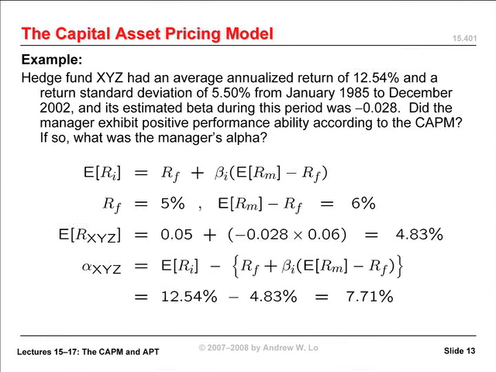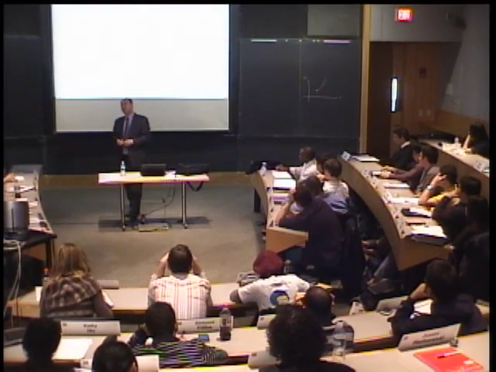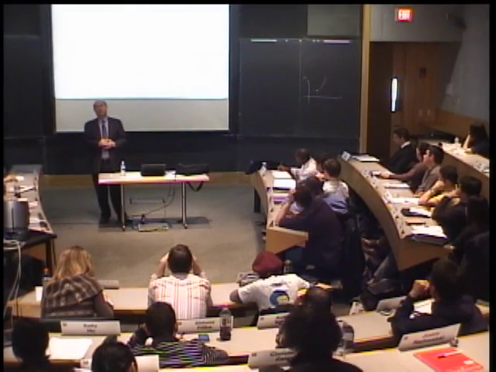So that's an alpha. If you define the alpha as what the manager did earn minus what the manager should have earned, you've got an alpha of 771 basis points per year. That's a humongous alpha. Very, very big amount of excess performance.